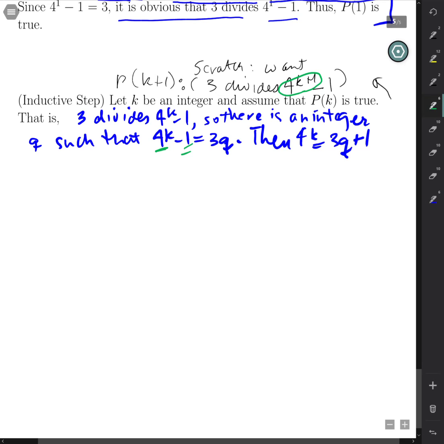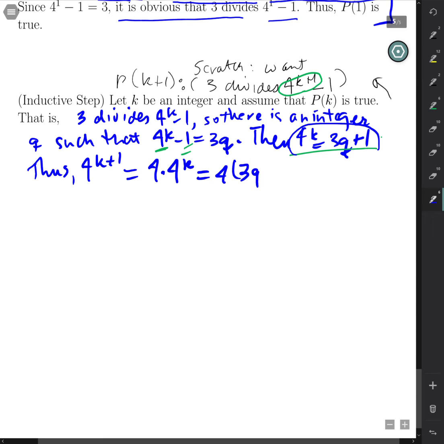And so now we can get a 4 to the k plus 1, which is equal to 4 times 4 to the k. But 4 to the k is right up here, so that's 4 times 3q plus 1, which is equal to 12q plus 4.